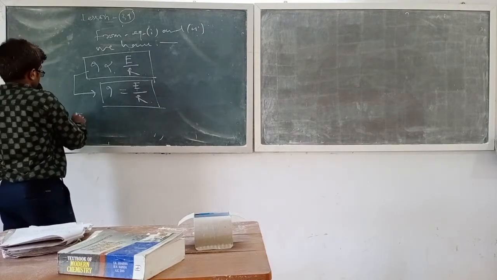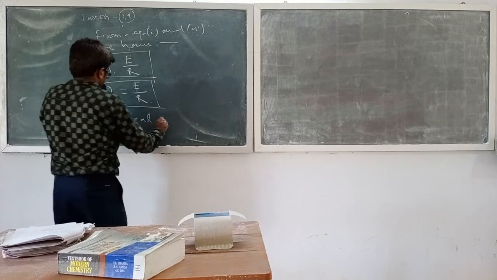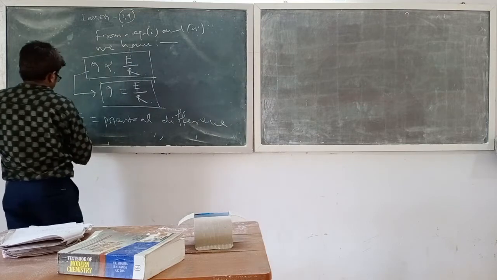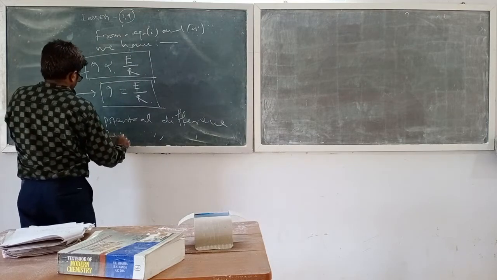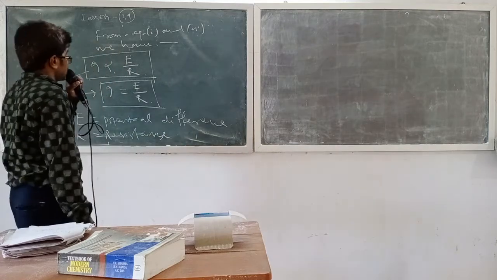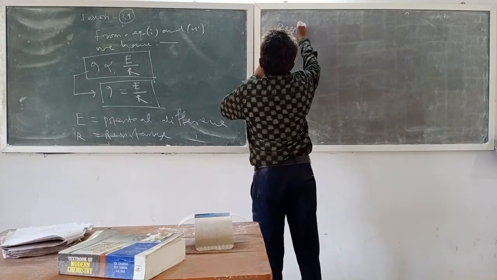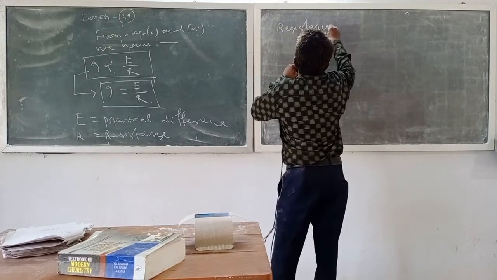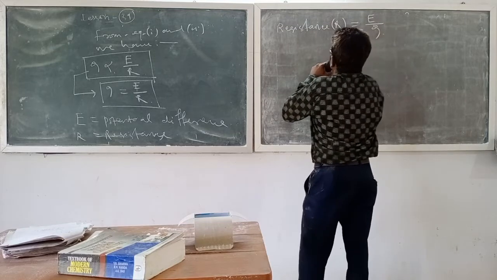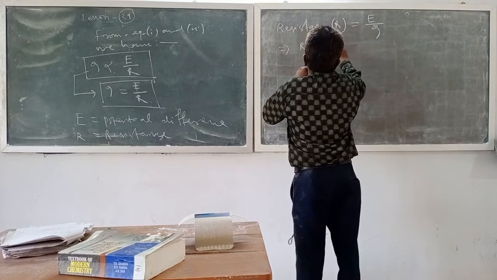Here E equals potential difference, R equals resistance of the conductor. Similarly, resistance R equal to E by I.